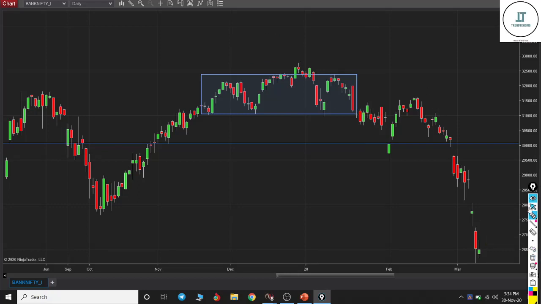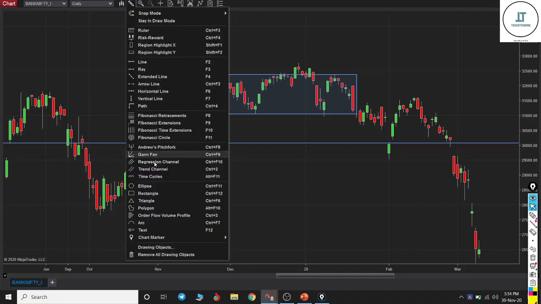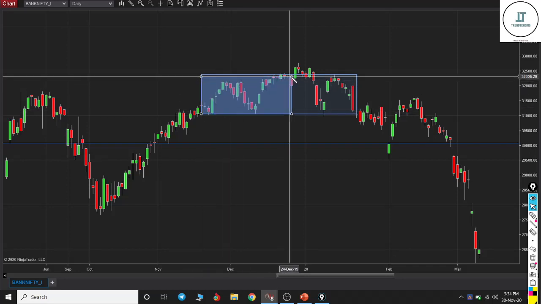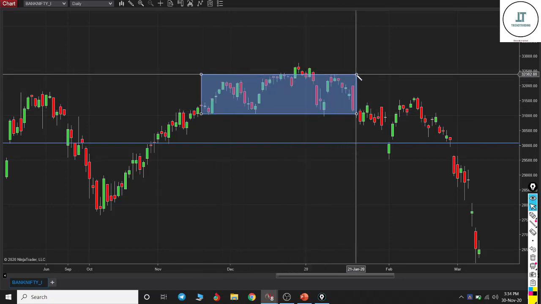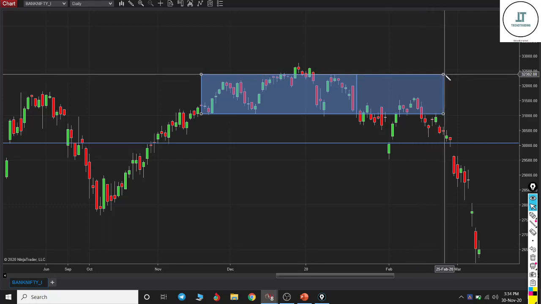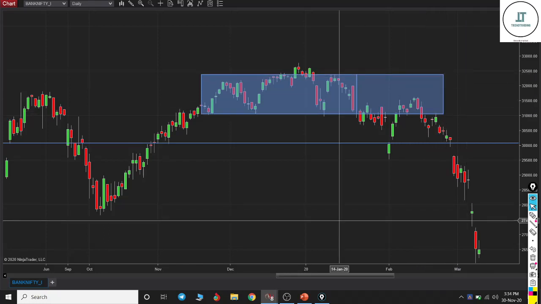What is meant by waiting? Now we need to wait and look at whether in the same zone price is auctioning further. Okay, in this zone where the price is auctioning further.